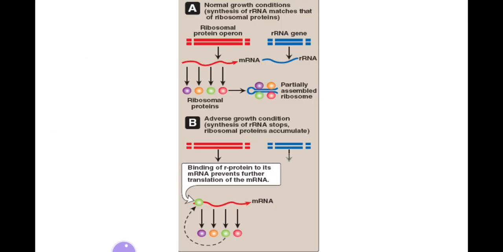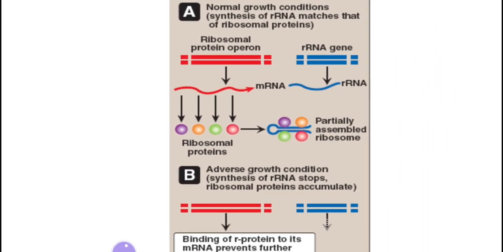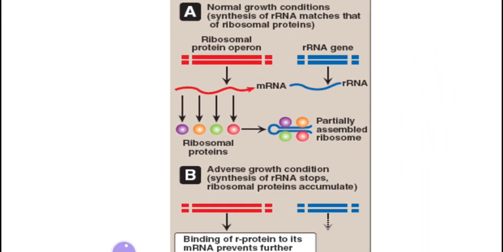See, this is under normal growth conditions, when the synthesis of ribosomal RNA matches that of the ribosomal proteins. The ribosomal RNA concentration must be in balance with the proteins.